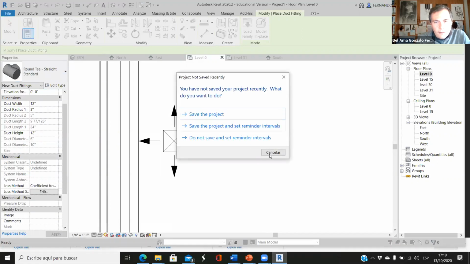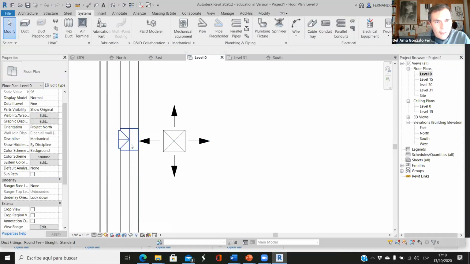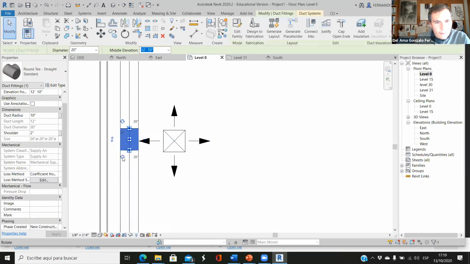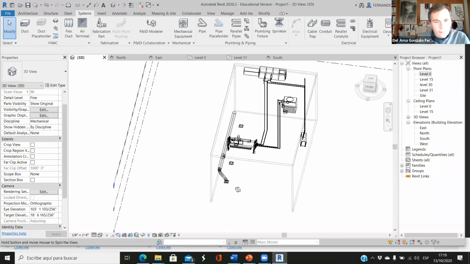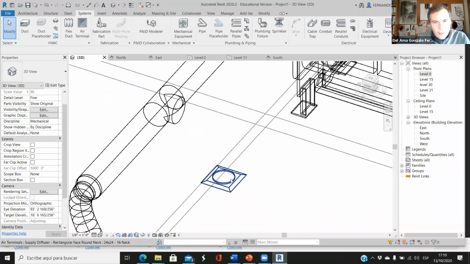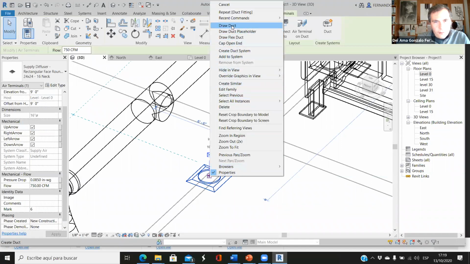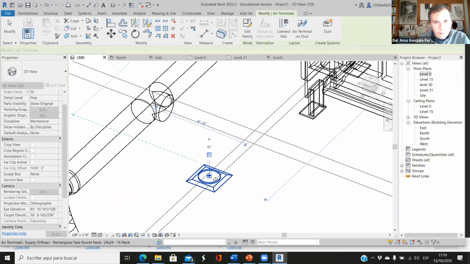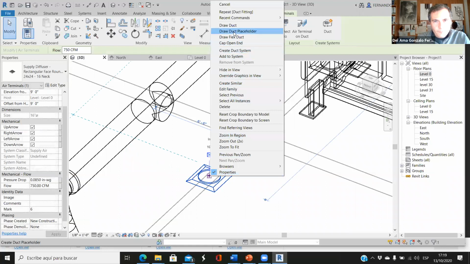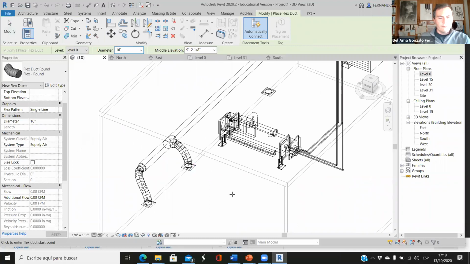Okay, that's okay, but it's on the other side. I have to rotate it. There you go. And now on the 3D, I hope I will be able to connect those. No, I want a flexible one. There you go. Perfect.